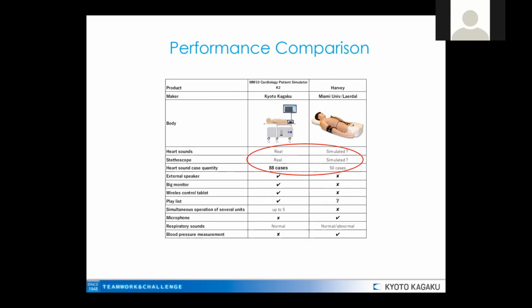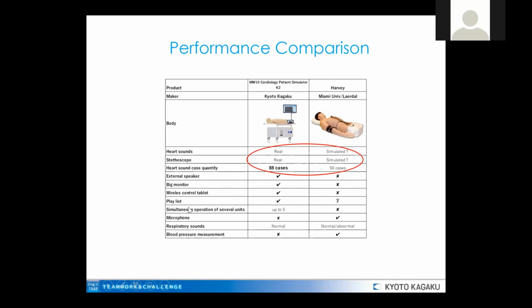And also the other operational features: we have an external speaker to show the students the sounds before they auscultate them. We have a big monitor, the wireless tablet and the playlist, and these are features that they don't have.